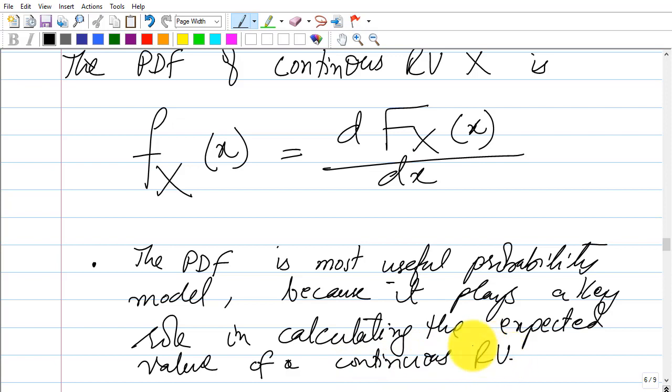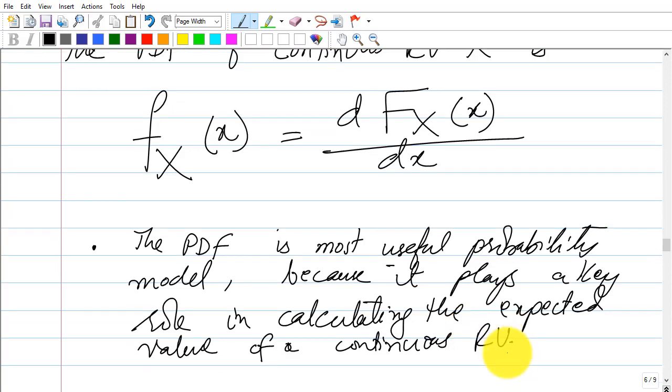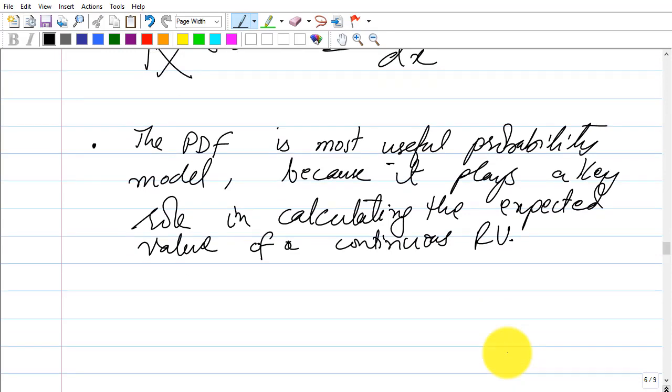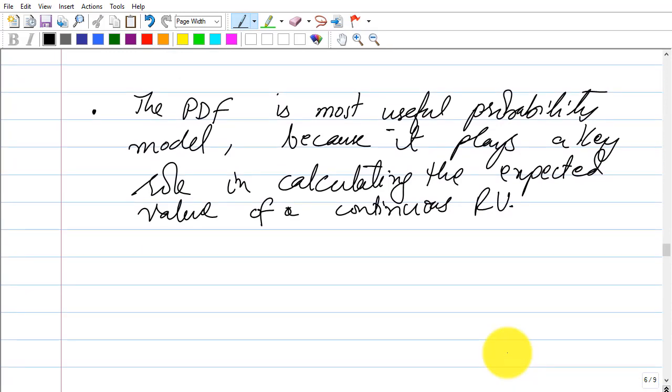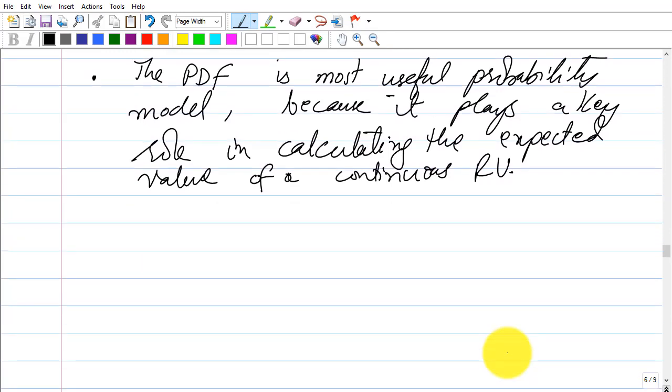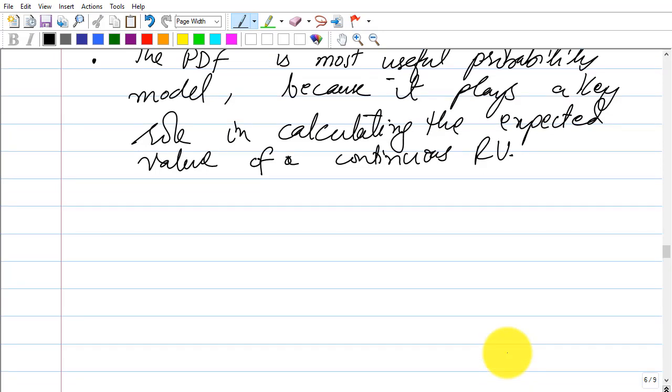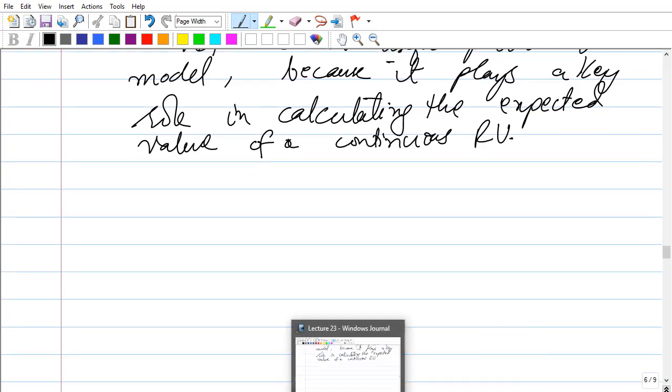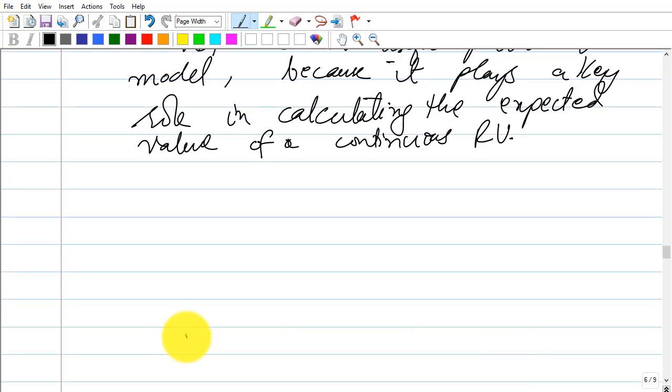So it means that it will give us the direct method to find the expected value that we have calculated for the discrete random variables.